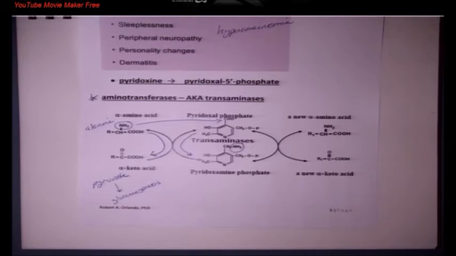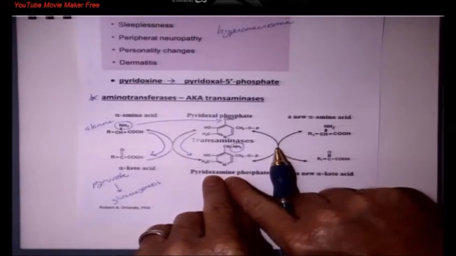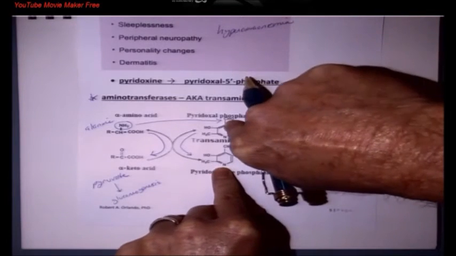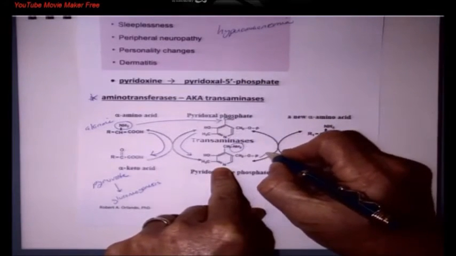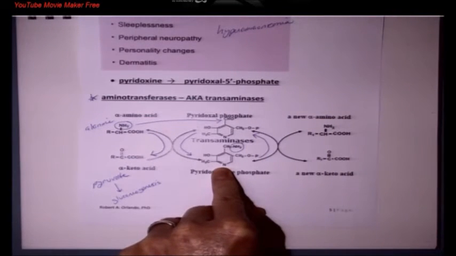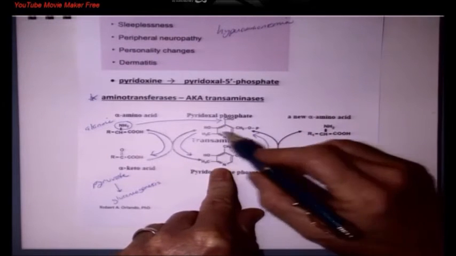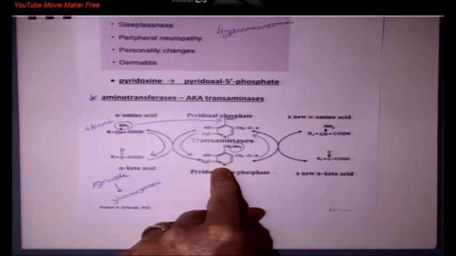But now, because enzymes need to be regenerated to continue their use, we need to convert the pyridoxamine, the nitrogen-bound pyridoxine, back to the unbound form, in order to continue this reaction and continue alanine processing.